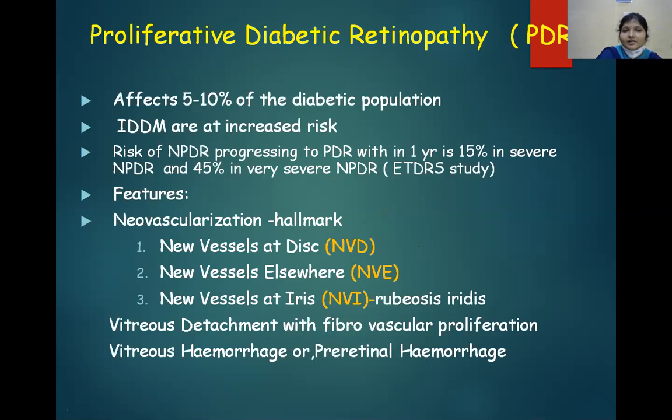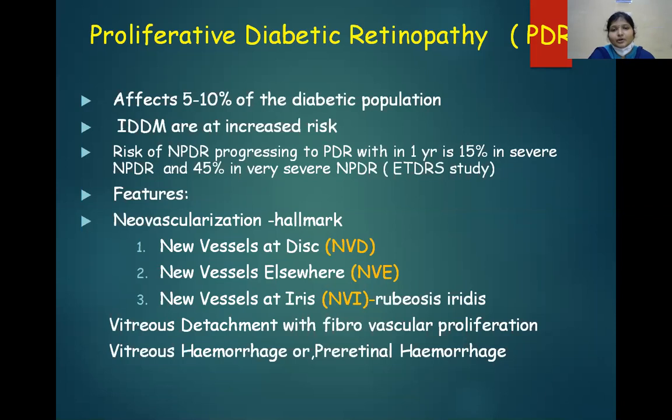So NPDR is completed. Next we have PDR, that is proliferative diabetic retinopathy. It affects about 5 to 10% of the diabetic population, and insulin-dependent diabetics are at more risk of developing proliferative diabetic retinopathy.